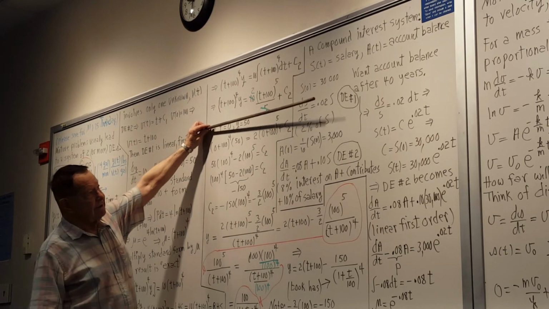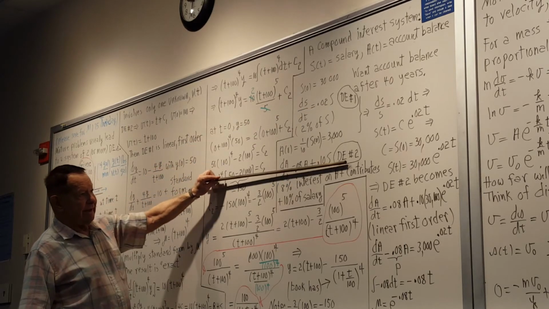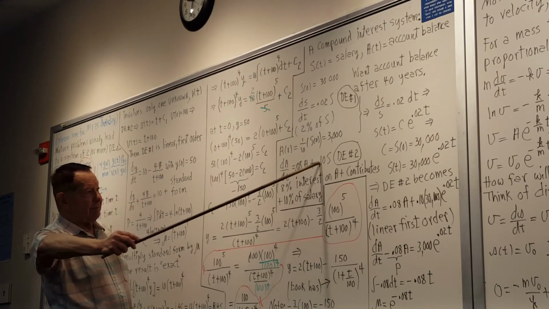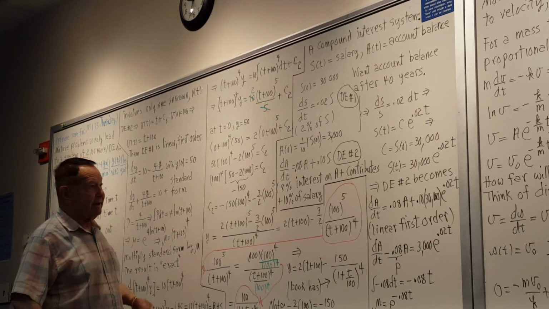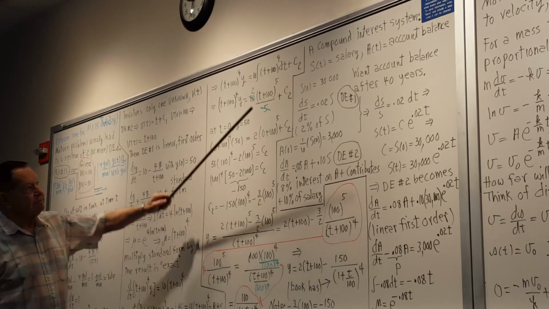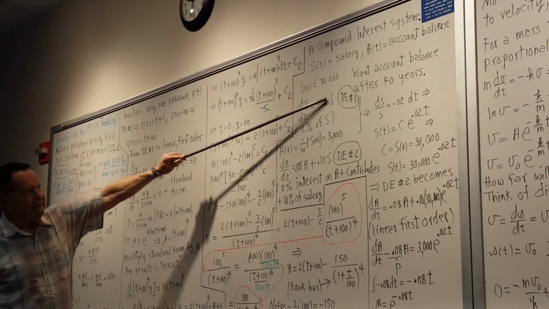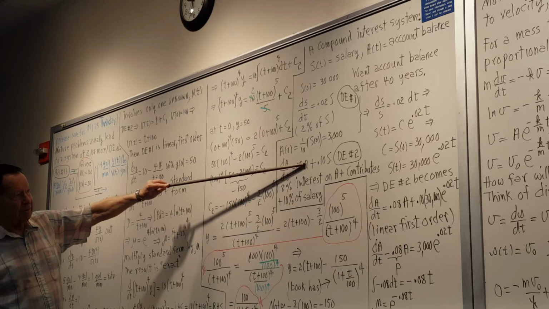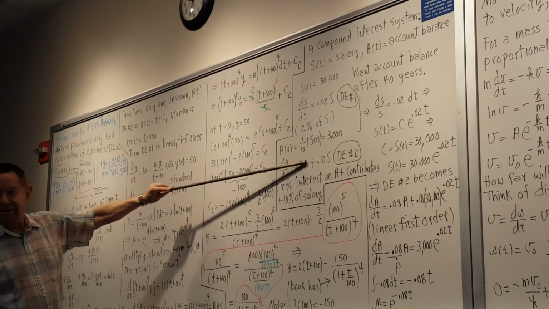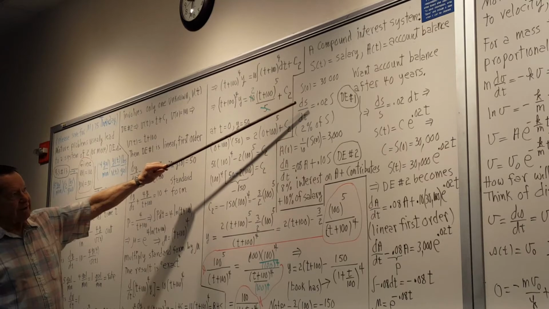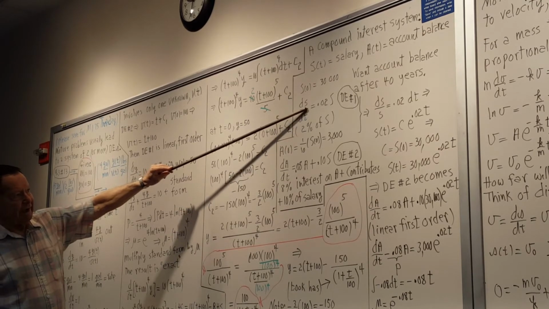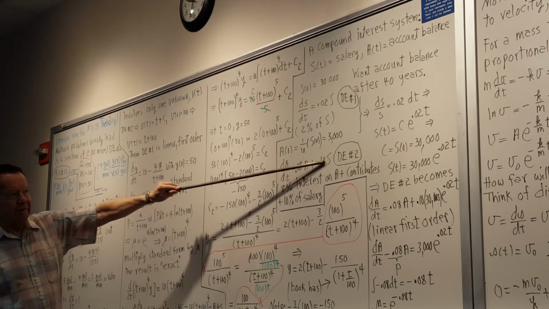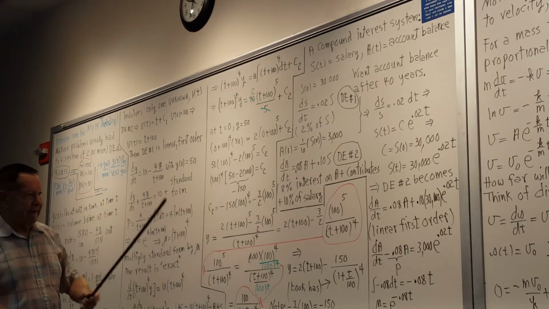So your system is this differential equation and this one. And you see this also is decoupled like the one back here, because DE number 1 involves only the salary. DE number 2 involves both variables, the salary and the account balance. So what you can do is solve this one for S, then put that formula there, and then you get a linear first order equation to solve for the A.